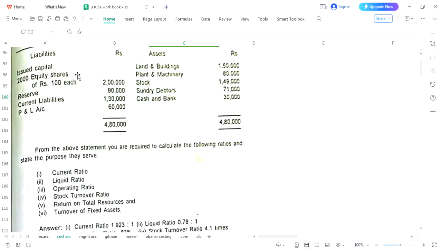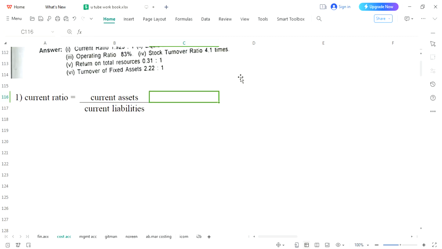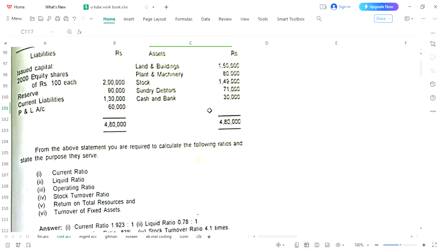First asset is 149, 71, and 30. So in this way our current assets are completed, and now we are going to write our current liabilities.